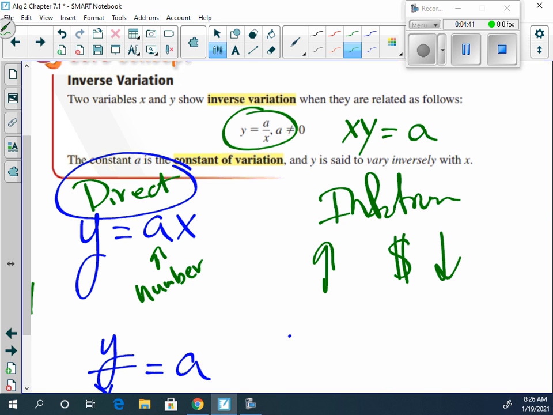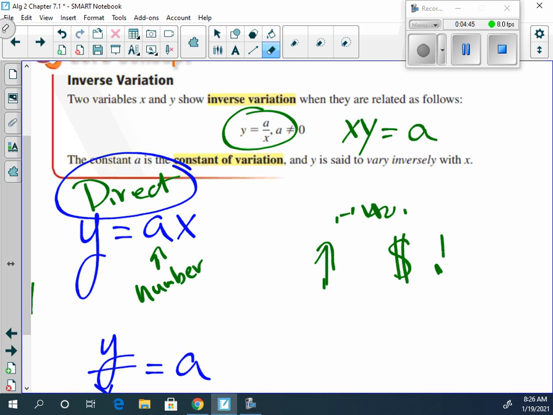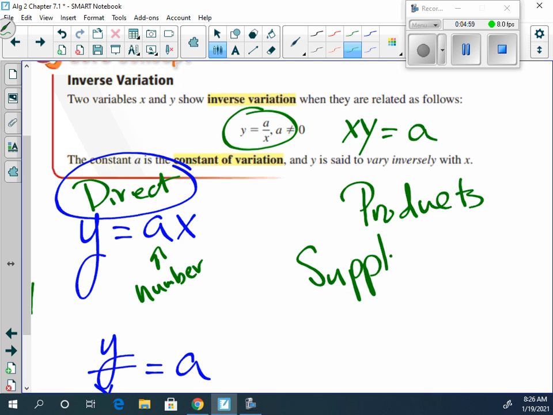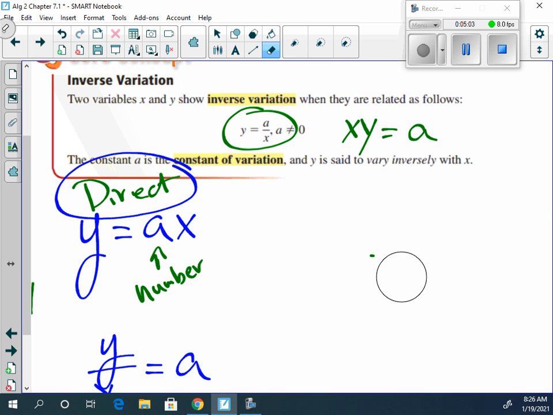You need more of it to work. So that would be an inverse variation that does work. How about products? If we talk about products, the supply, or that would be inverse also.